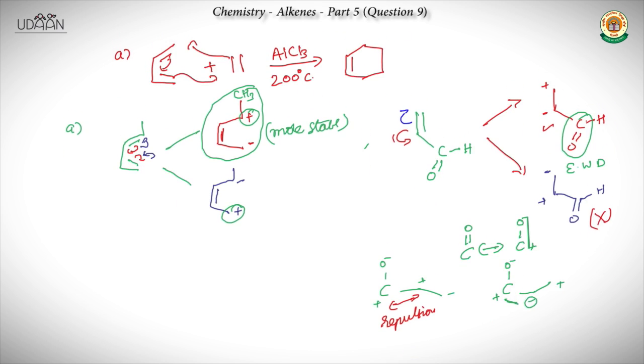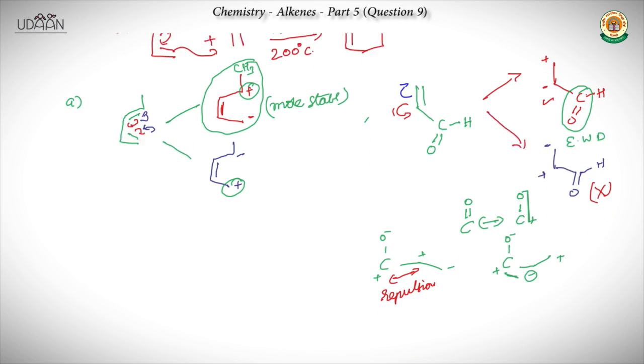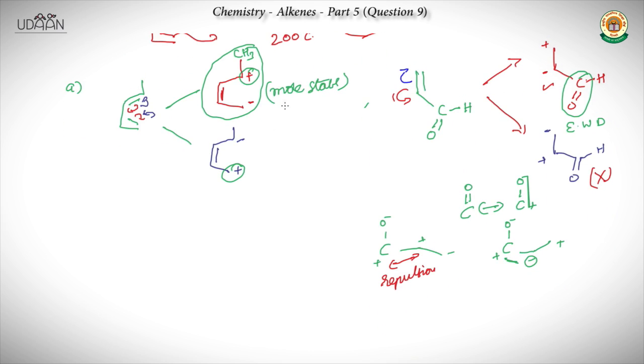Now the thing left for us is to couple both the products that we have. For the diene we have this one, and for the dienophile we have this one. Let's write these down. A positive charge here and a negative charge here, and if you take this one, that's the dienophile, you have C double bond OH here, a negative charge here and a positive charge here.